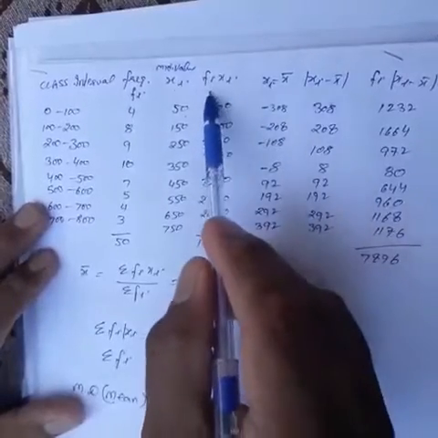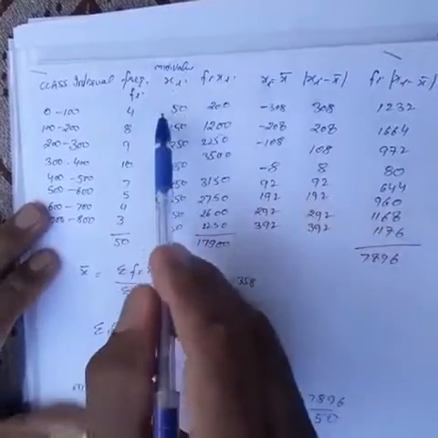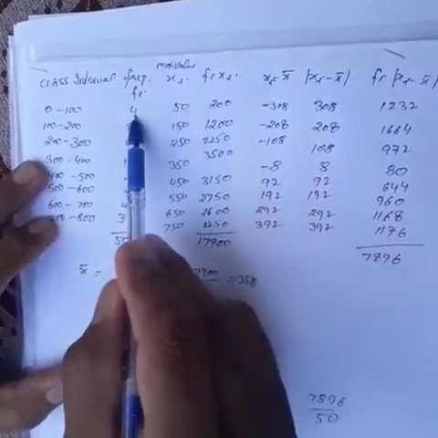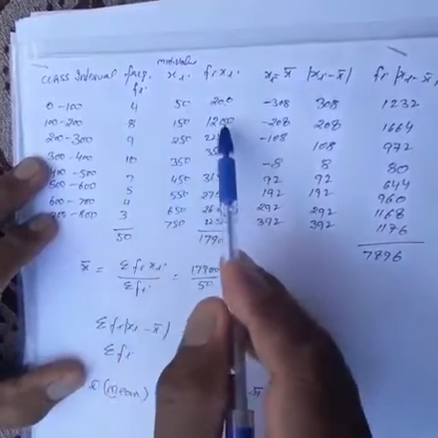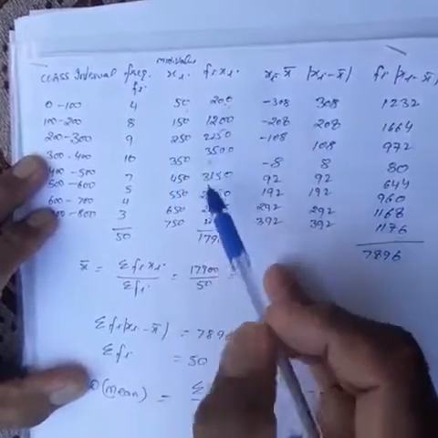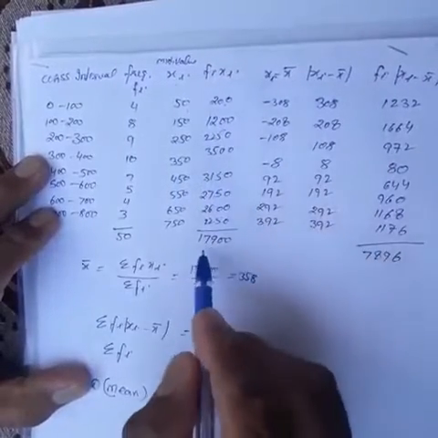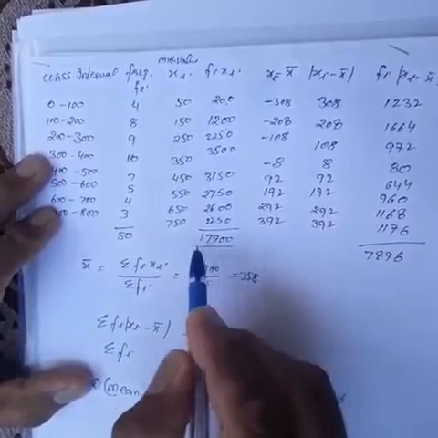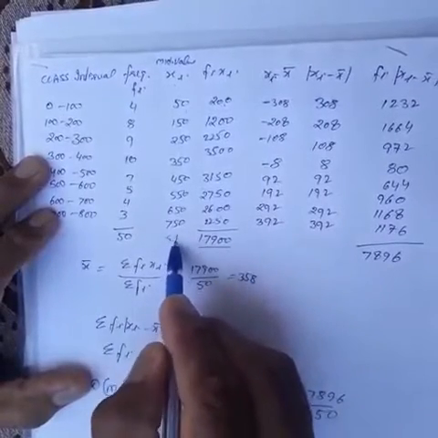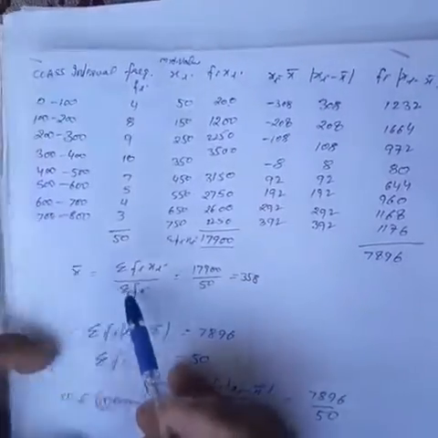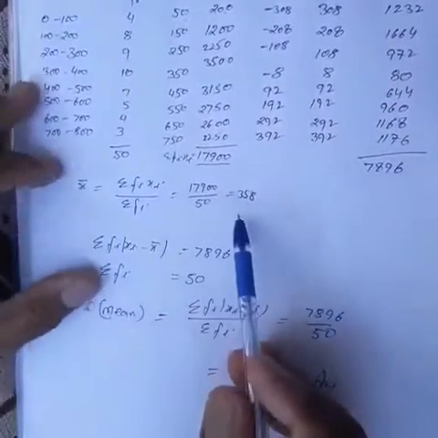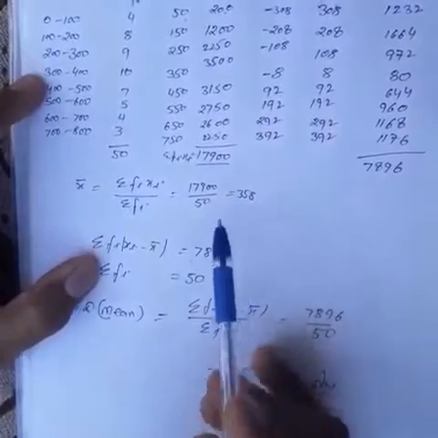For mean we need fi xi. So you multiply this xi with the corresponding frequency, so 4 into 50. Similarly 8 into 150, it is 1200 and so on. After addition you will find this value. This is called summation of fi xi, and then use the formula to calculate mean. So you will find out it is 358.